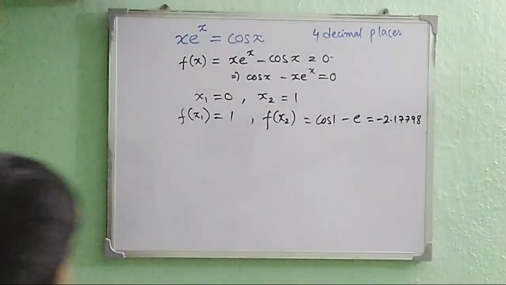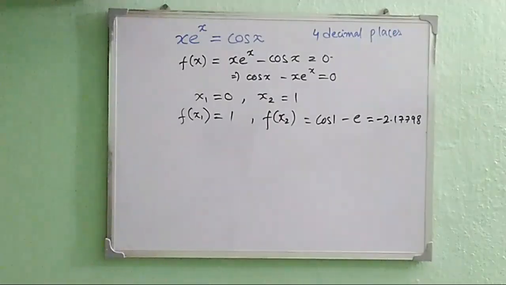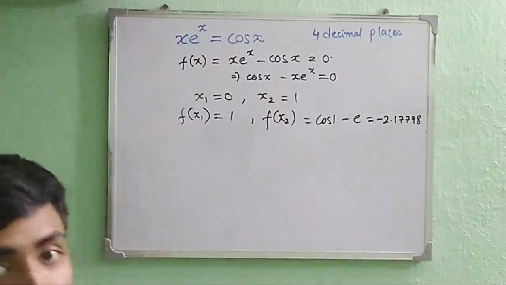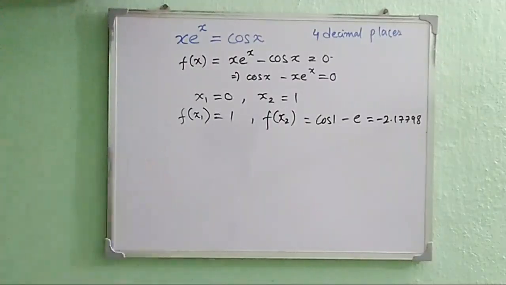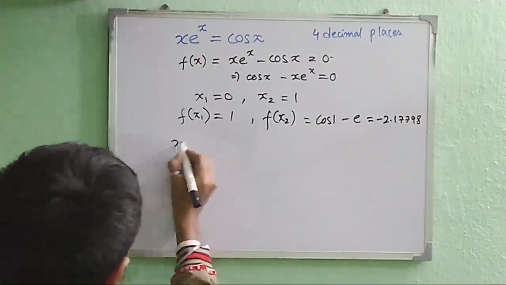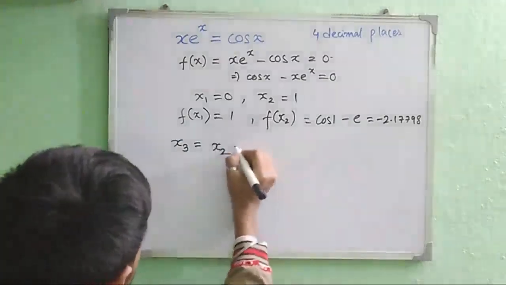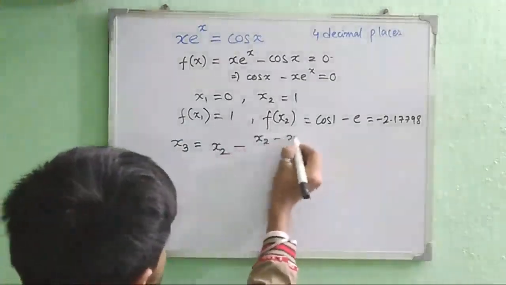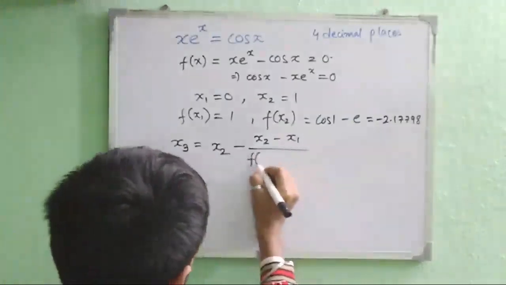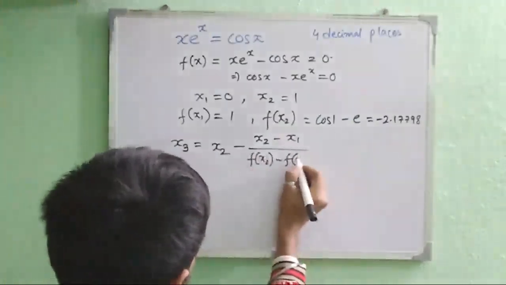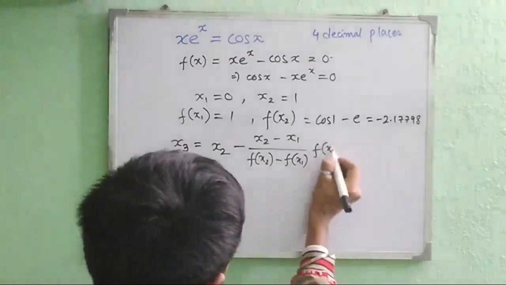Now we have to calculate x3 from the general formula. So x3 will be x2 minus (x2 minus x1) divided by (f of x2 minus f of x1), into f of x2.